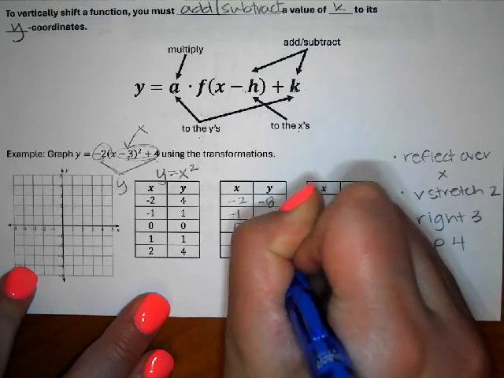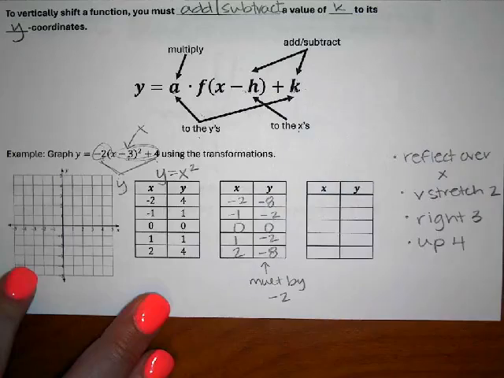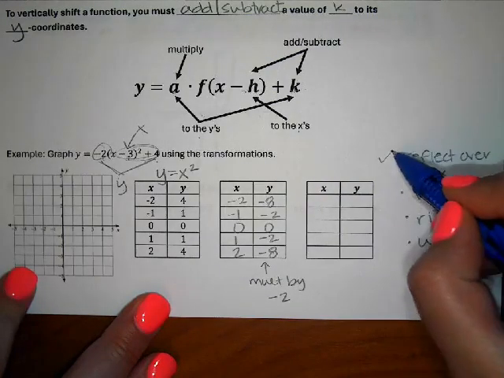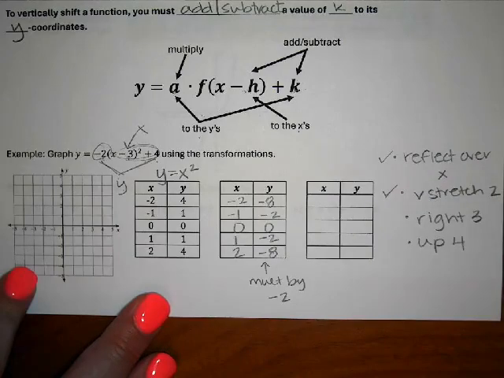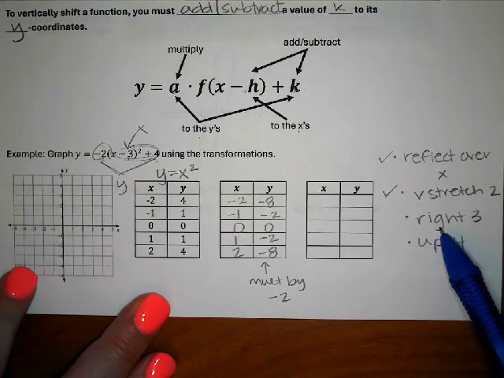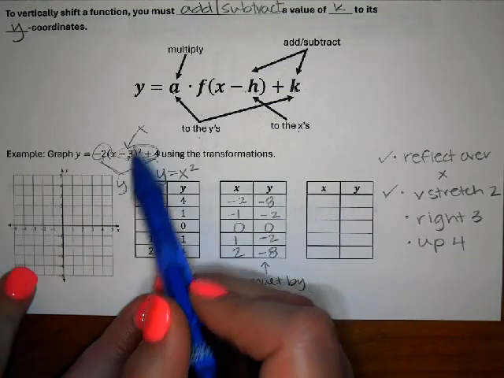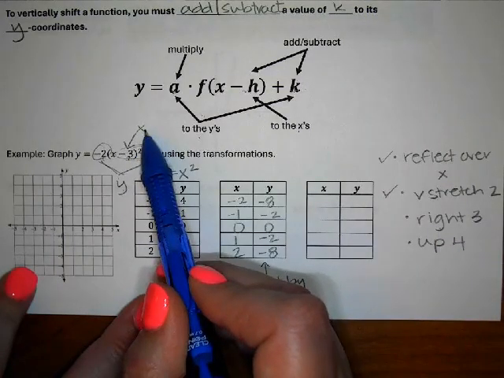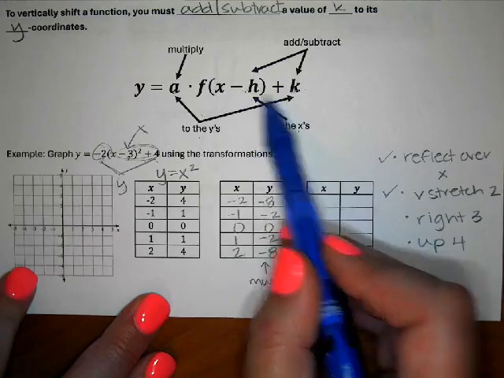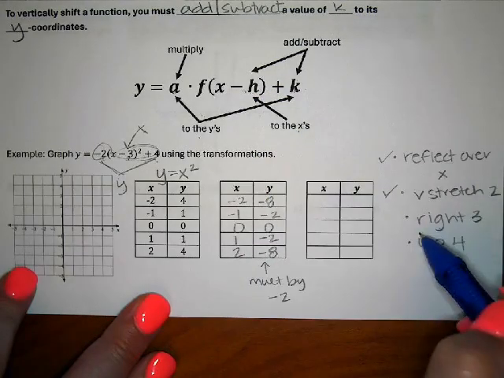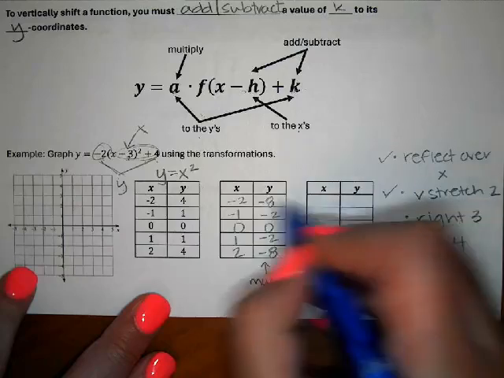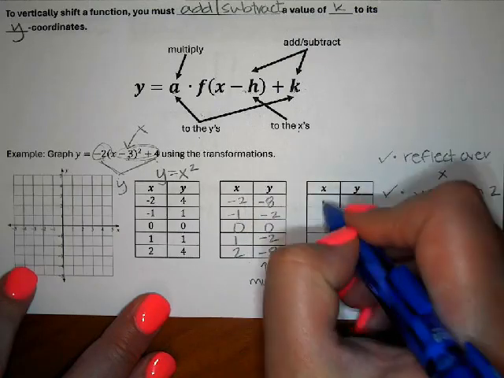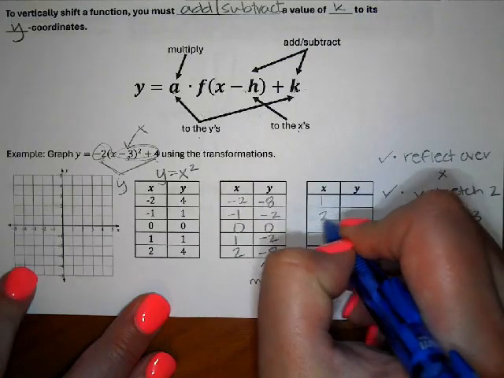Okay? Those transformations are done. Next, I have that the graph is going to shift to the right 3. That's the +3. It happens to the x-coordinate, and it is a change that you do by adding or subtracting. So shifting to the right 3 means I'm going to take all my x-coordinates and add 3. So 1, 2, 3, 4, 5.